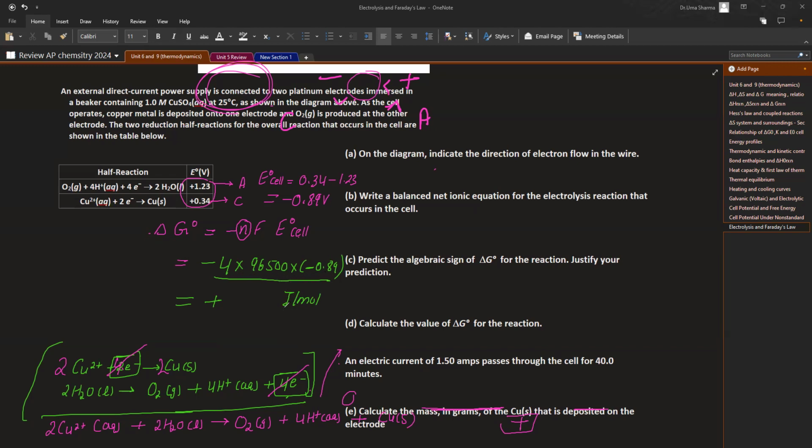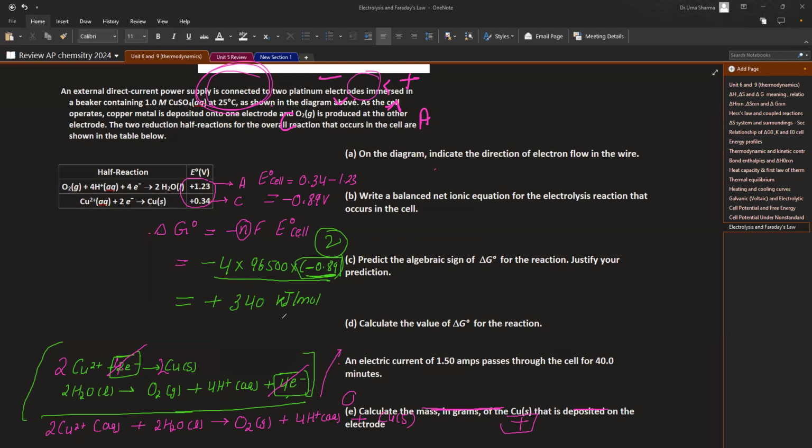And we are working for significant figures, not 3, this time 2. Can you see? This 0.89 has only 2 sig fig. So answer will be 340 kilojoules. Yes, Ramsey, you're right. Okay, good.